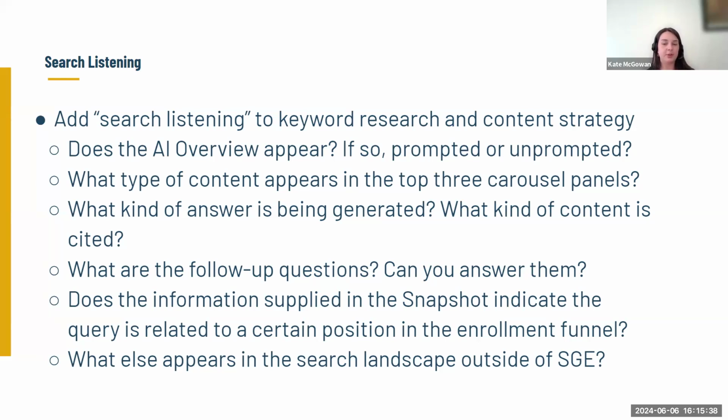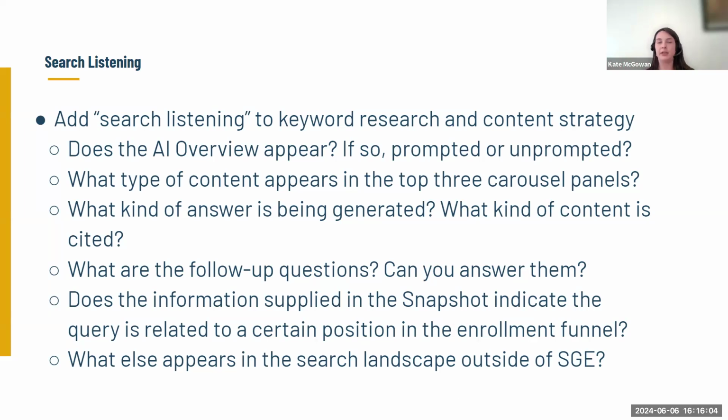When you're looking at the follow-up questions in AI overviews, you can see, does your website already have content that can answer those questions, or can you create content that answers those questions? You can also ask yourself by reviewing the information in the AI overview if it's more of a general answer, if it's very specific, if it is returning a kind of long form blog.